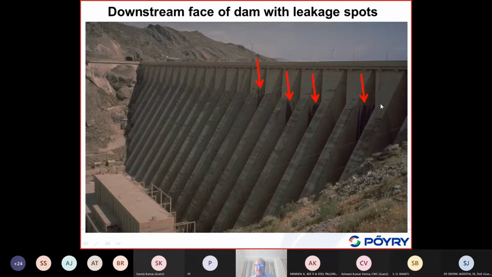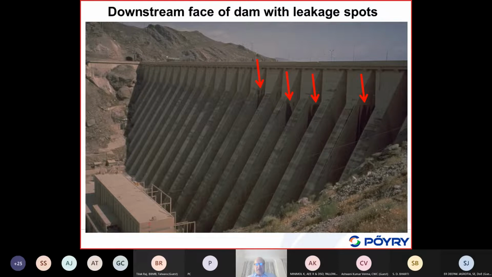These lift joints, temporary joints, are actually weak elements in concrete dams, because if it is not perfectly cleaned before the next lift is placed, it forms a weak interface, and cracks mainly develop along such weak interfaces and not in the parent concrete.